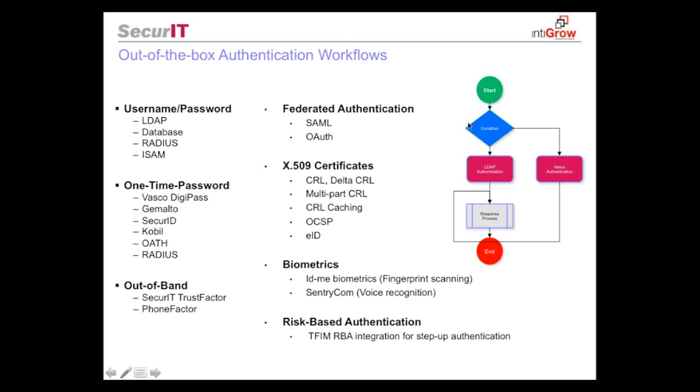We can integrate and consume and also validate and generate different federation or identity mapping capabilities with SAML and OAuth. Lots of capabilities with certificates, biometrics, and risk-based authentication, risk-based solutions as well. So again, we provide these out of the box. They work as they work, but then you can grab them and mix and match and build your own custom workflows to do exactly what you're trying to do.